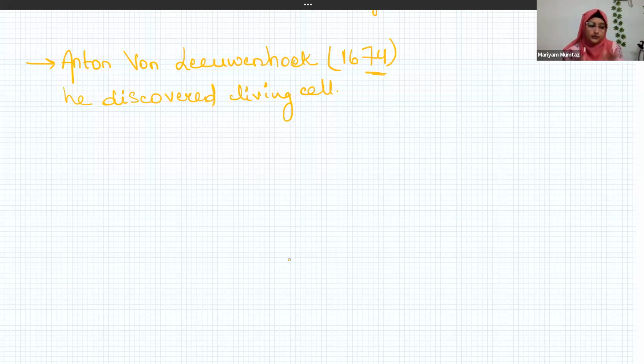Now we saw that the cells are the basic unit of life, right? We know that. This is a fact that is up in our mind. We also saw that all the living organisms, all the plants and all the animals, are made up of cells.